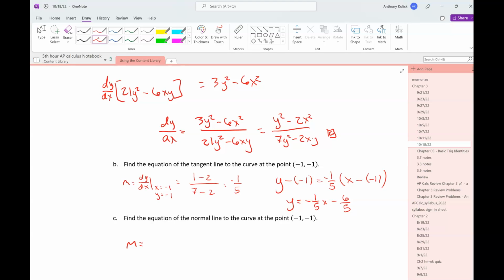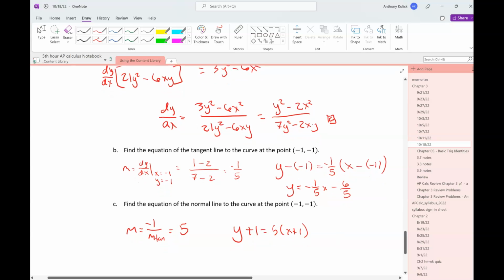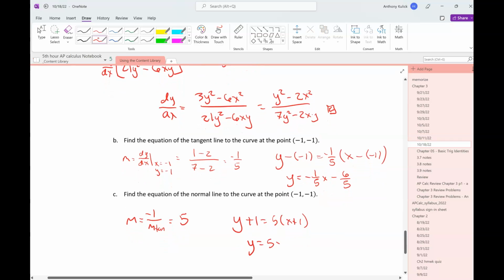And then here, I know the slope for the normal is just the negative reciprocal of the tangent line, so that's going to be 5. And I just do the same thing. Wait, what's the normal equation? It's n equals 1 over m tan. The normal is perpendicular to the tangent, and slopes of perpendicular lines are negative reciprocals.